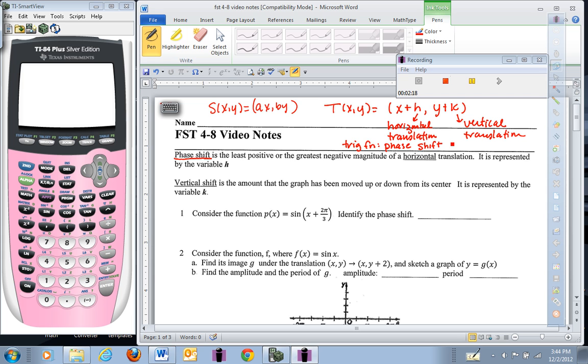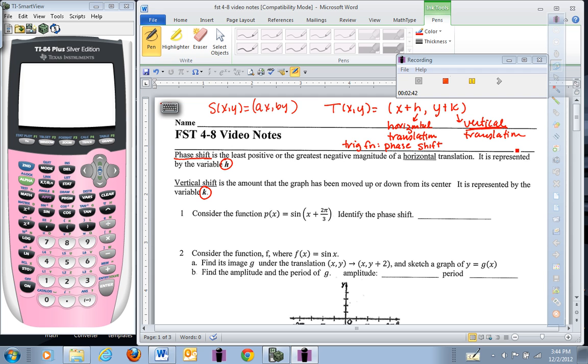It's going to be represented by the variable h. We've seen that variable before when we worked with regular graphs that we were translating left and right. The vertical shift is the amount that the graph has been moved up or down from its center, so that's going to be our k amount. It's represented by the variable k. It's going to just be called vertical shift.